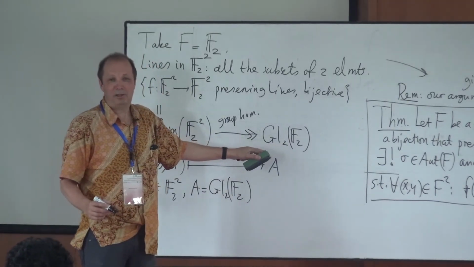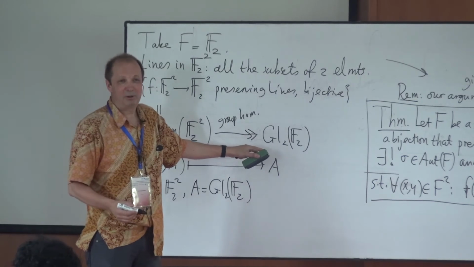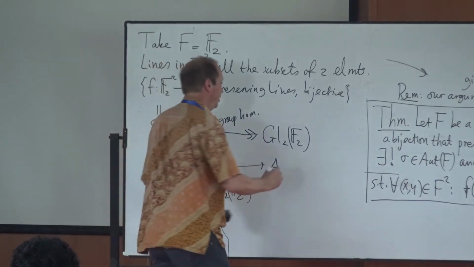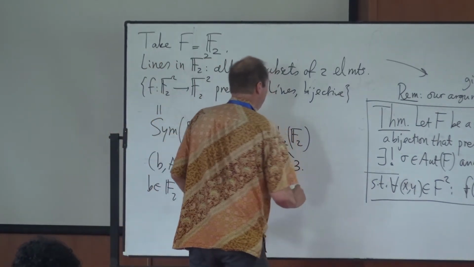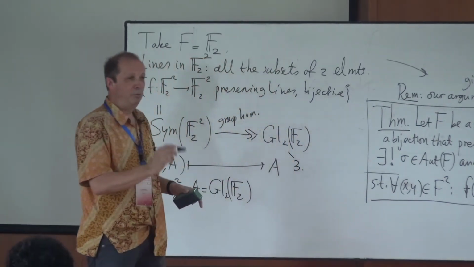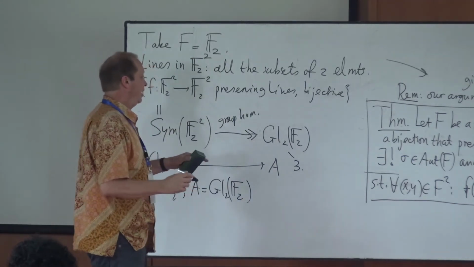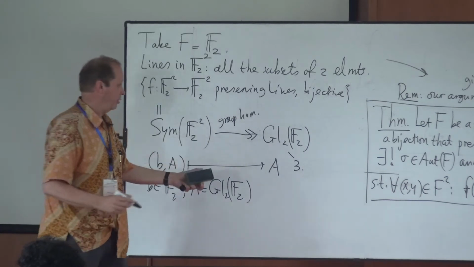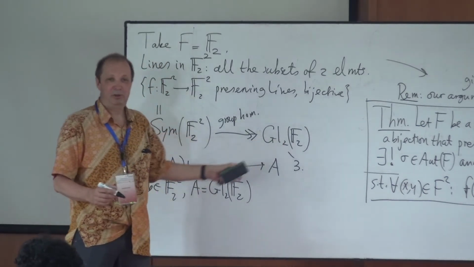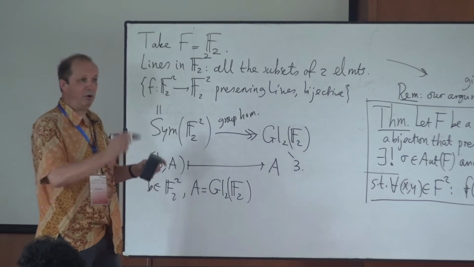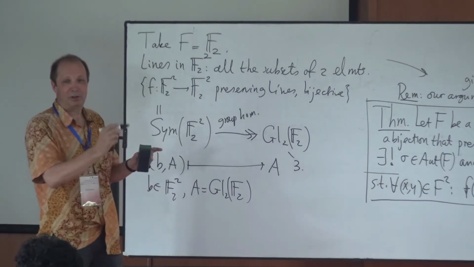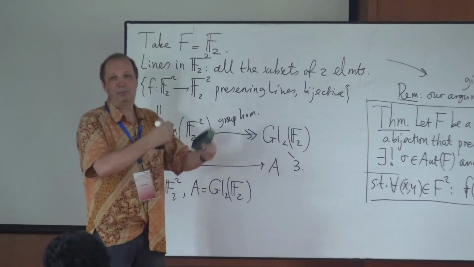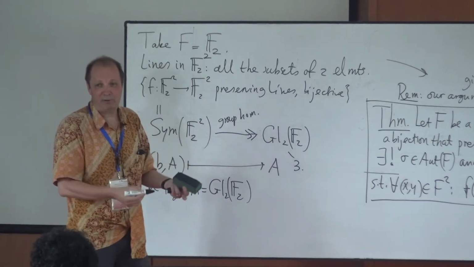I think you did that in my exercise sheet also. For any prime p, if you compute it, this has 6 elements. Actually, for the 2 by 2 matrices acting on F2 squared, the origin is fixed by all these linear maps. And there are only 3 other elements in it: (1, 0), (0, 1), and (1, 1). And this group, you can check, permutes them just as the group S3 does.